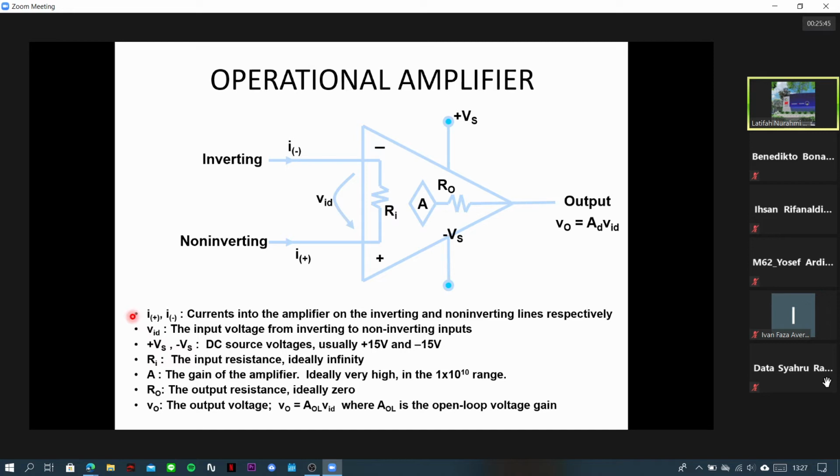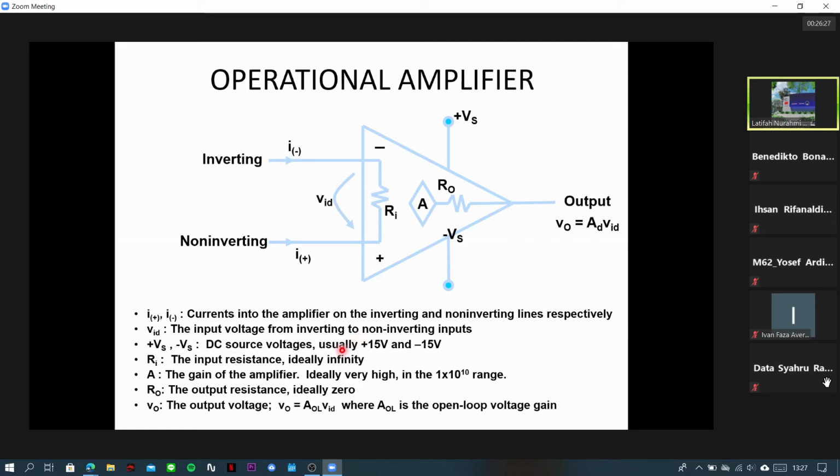I plus and I minus are the currents coming to the op-amp, to both the inverting and the non-inverting lines. According to the plus and minus signs, the currents are either positive or negative. And the input voltage is defined as VID, the input voltage from the inverting to the non-inverting inputs.